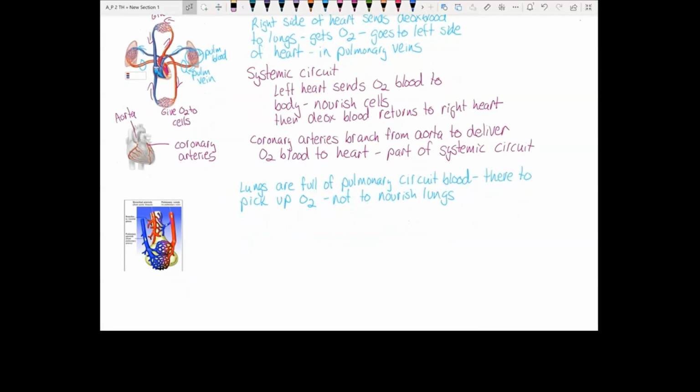And your heart has coronary circulation, which is parasystemic, to nourish it. Well, the same thing happens with your lungs. You have what's called bronchial circulation. This is part of your systemic circuit. So if it's parasystemic, that means it is oxygenated blood that is there to nourish your lungs.